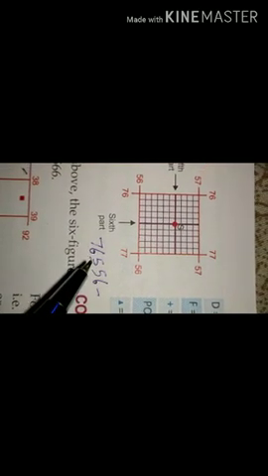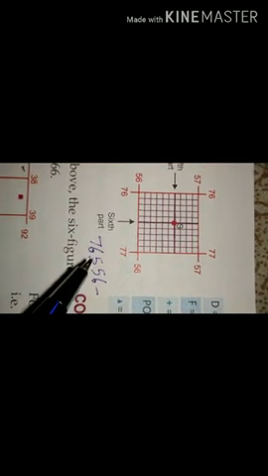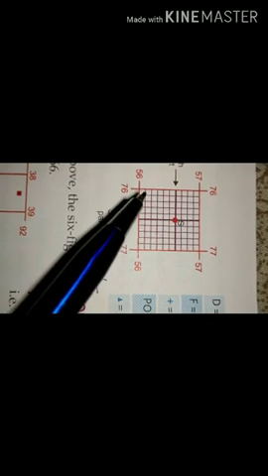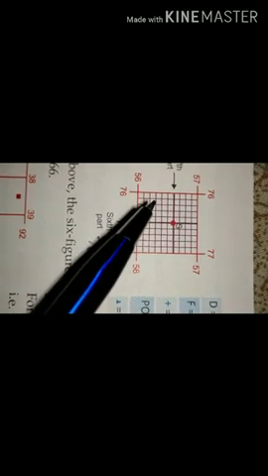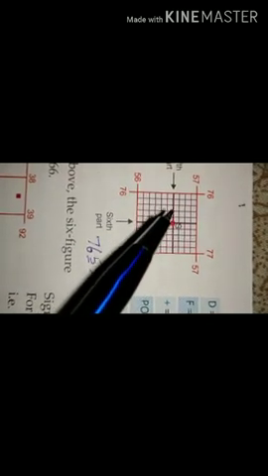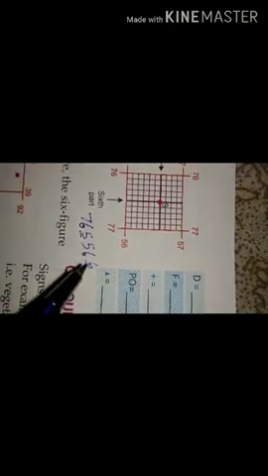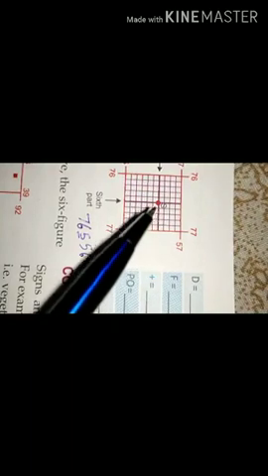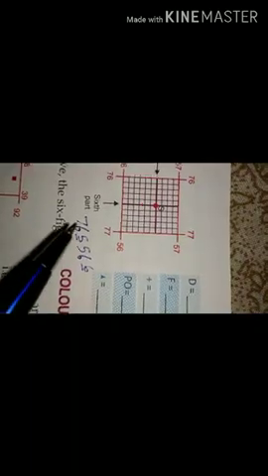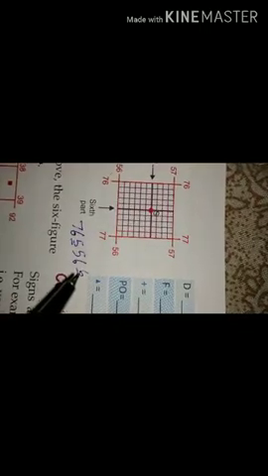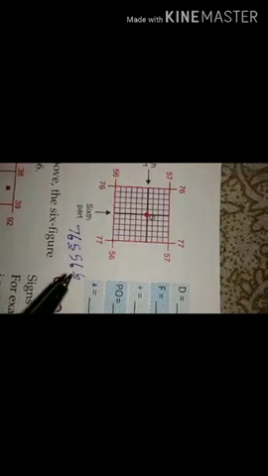Now I will count the horizontal lines: 1, 2, 3, 4, 5 and 6. So I have written 6. So the 6-figure reference for this point S will be 765566. This is how we write down the 6-figure reference.